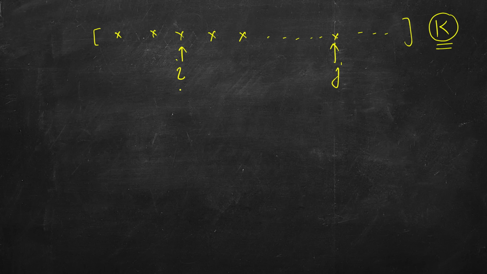Now let's say we sum from the beginning. We keep track of the sum from the beginning till each index. Let's say the sum till i is S0 to i, and this is S0 to j.